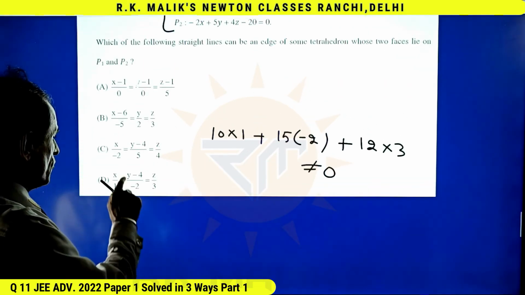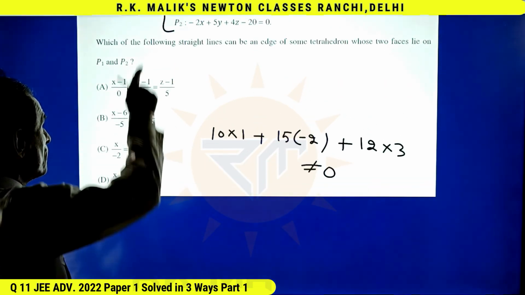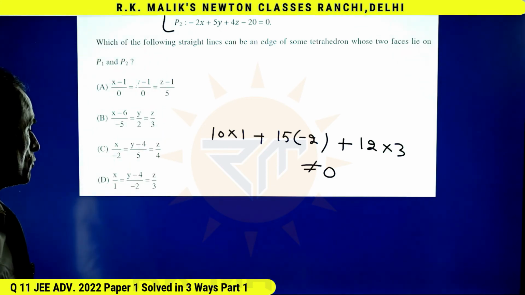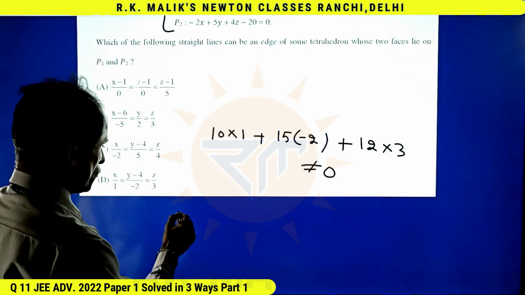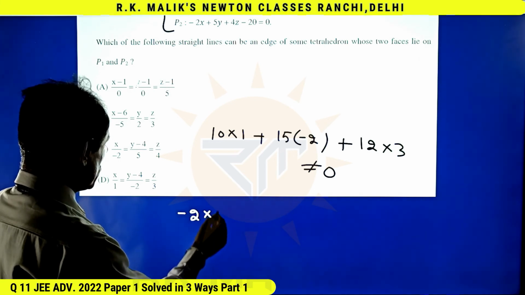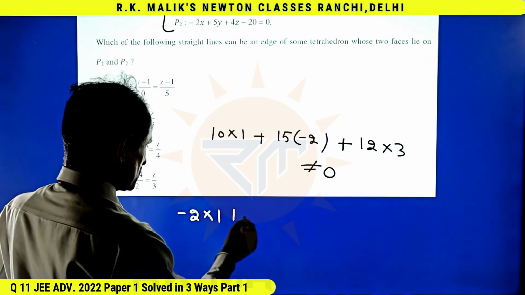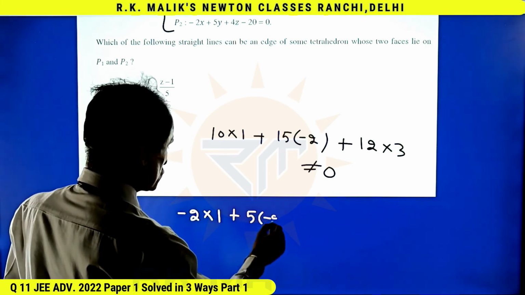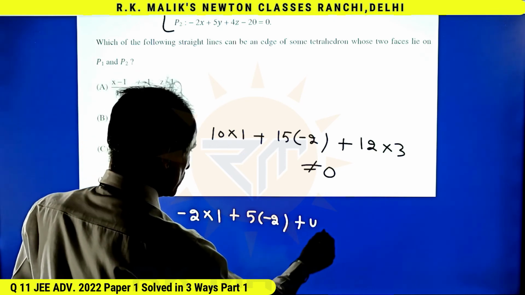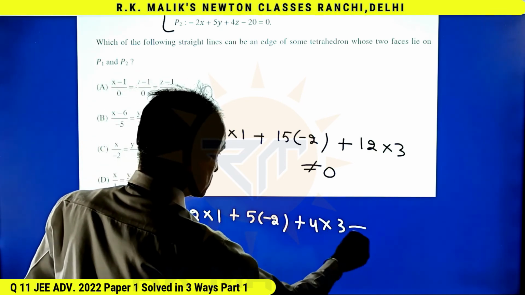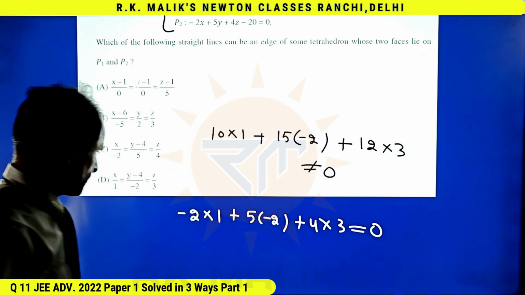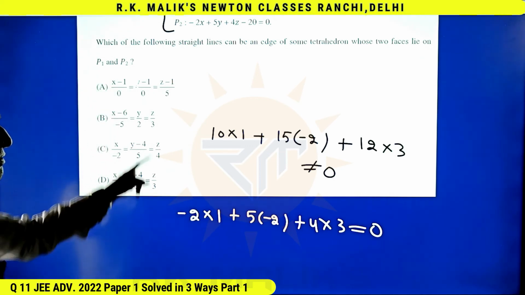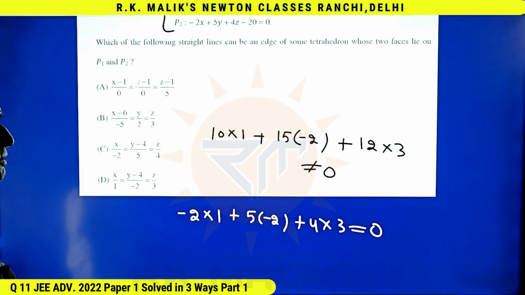And now check whether this line is parallel to the plane P2. For that, find the value of minus 2 into 1 plus 5 into minus 2 plus 4 into 3, which is 0. Hence this line is parallel to the plane P2.